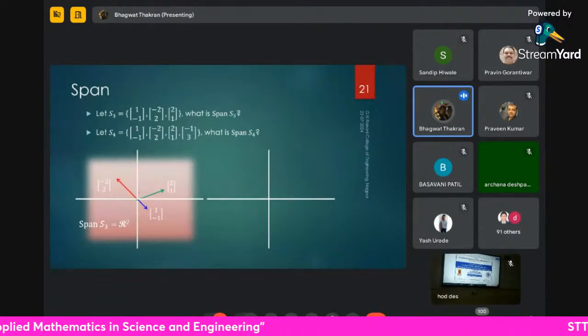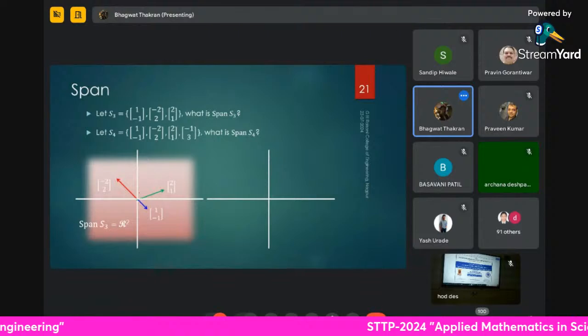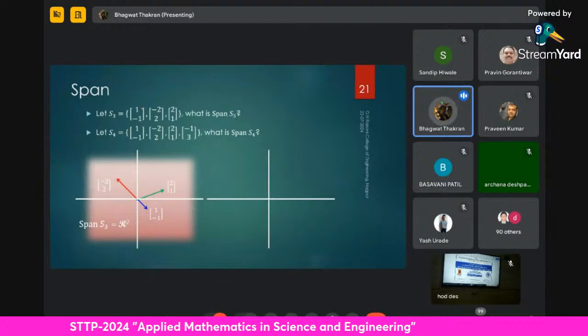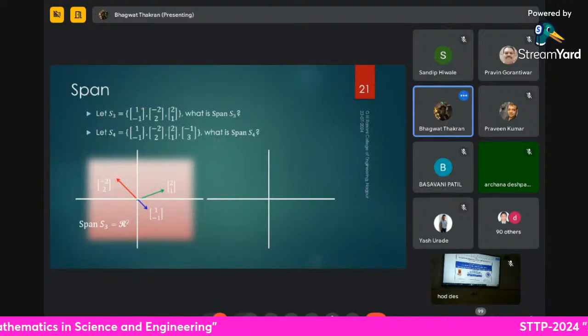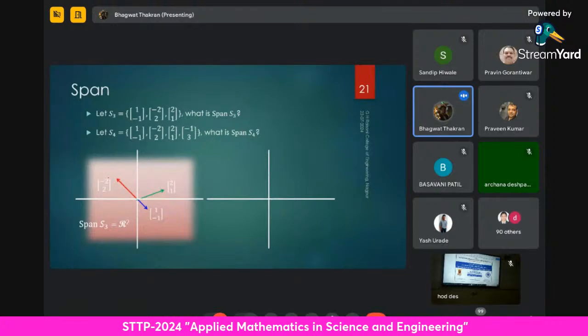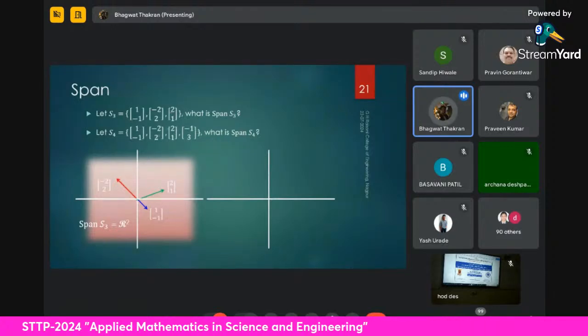Let's take one more example. Set S3 containing three vectors: 1, minus 1; minus 2, 2; and 2, 1. So 1, minus 1 is in the fourth quadrant, minus 2, 2 is in the second quadrant, whereas 2, 1 is in the first quadrant.